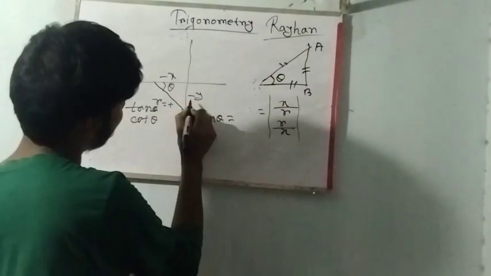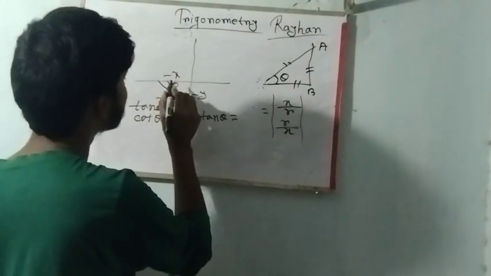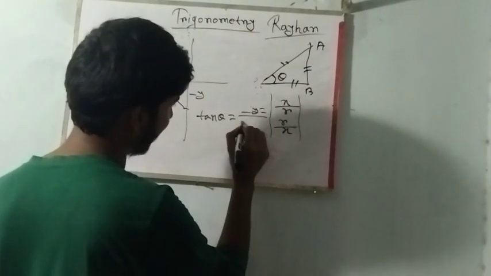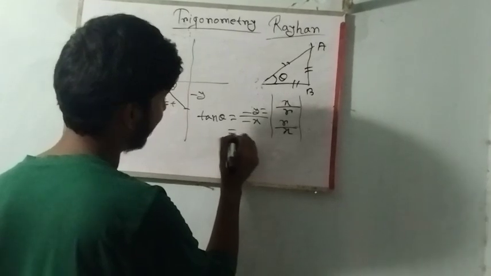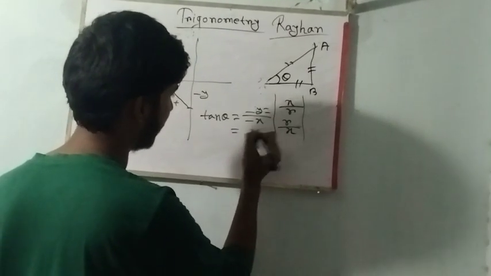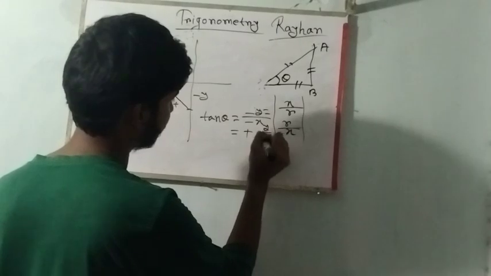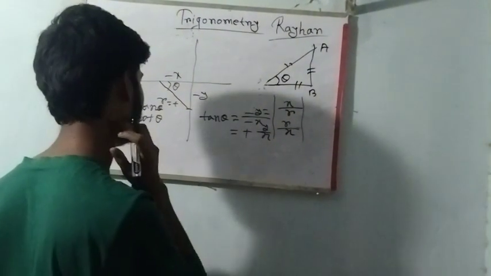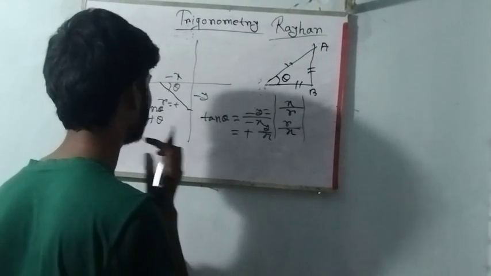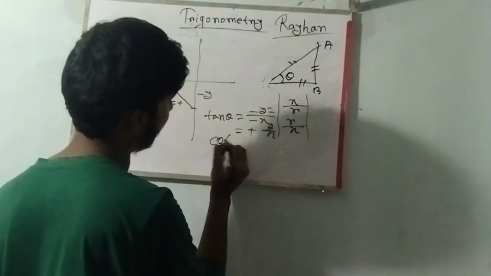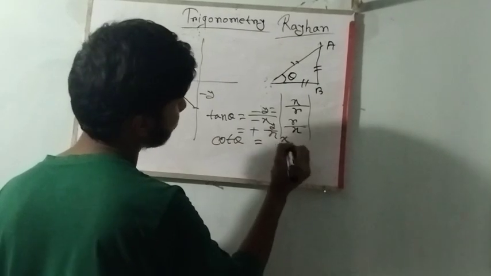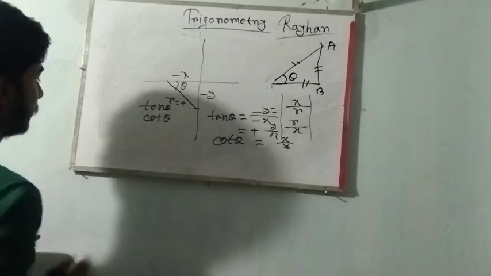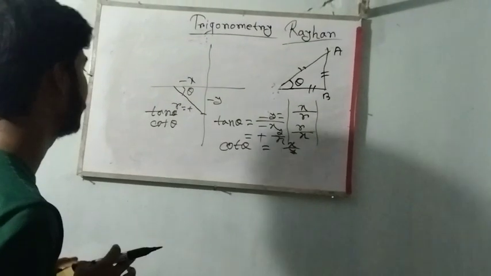Now perpendicular is minus y and base is minus x. So minus y divided by minus x. Minus minus removes the minus and it will be plus y by x. So in quadrant number 3, tan theta is always positive and cot theta is inversely proportional to tan theta. So cot theta will be x by y and this will also be positive. So this is how to know whether the ratios in a quadrant are positive or negative.